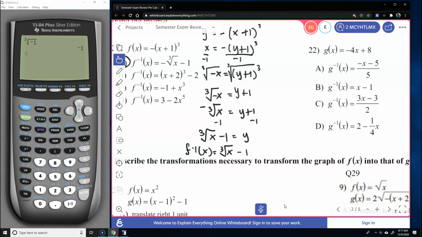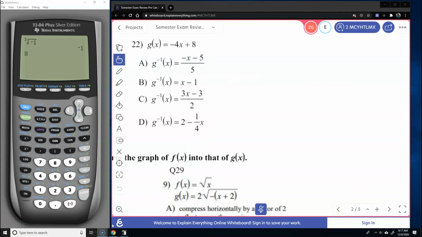Okay, let's go ahead and go to number 22. And once again, we're trying to find the inverse. So we have y is equal to negative 4x plus 8. At this point, you want to switch the x and the y. So you have x is equal to negative 4y plus 8.